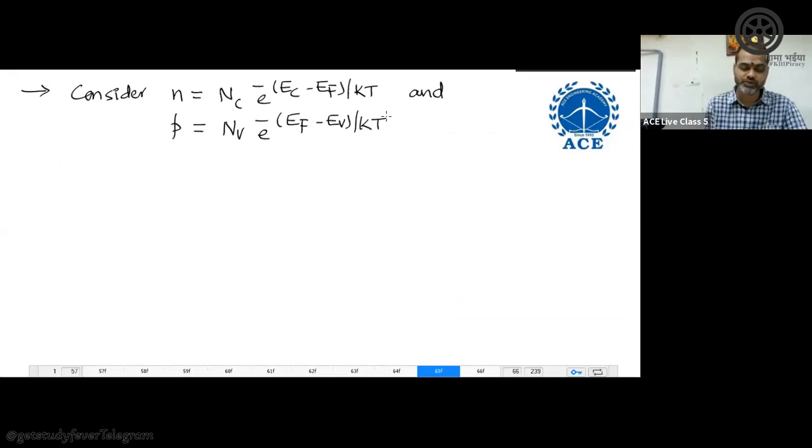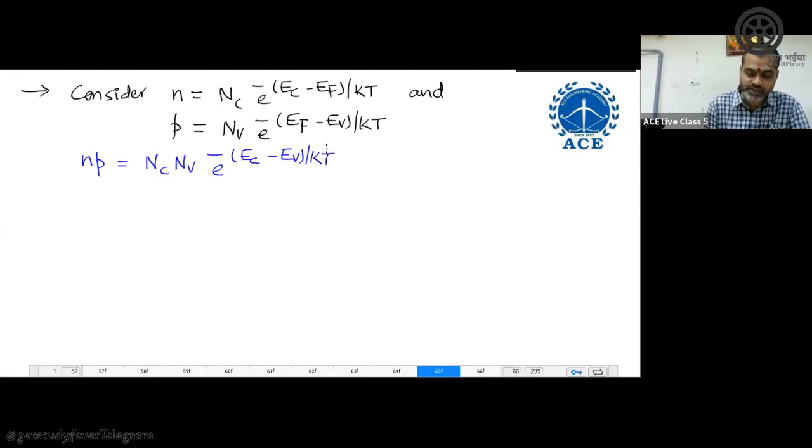Now multiply the two. So n into p is equal to Nc Nv e power minus, sorry, (Ec minus Ev). Ef will get cancelled. This is what we are going to get. So this is nothing but Nc Nv e power minus Eg by kT.